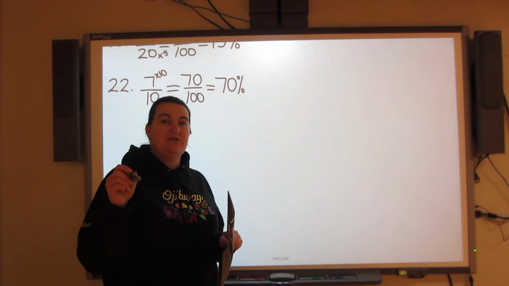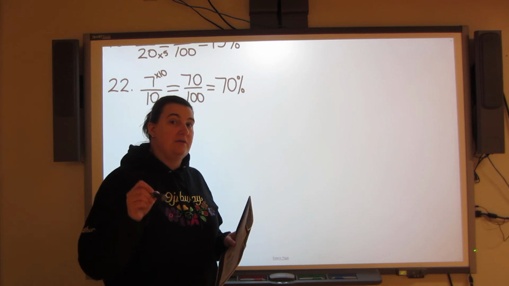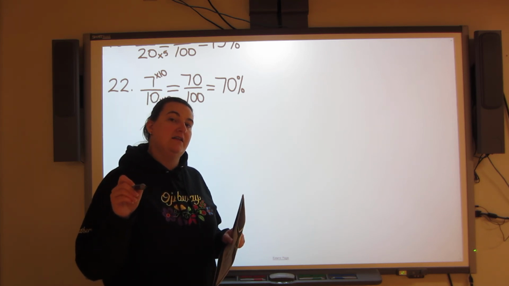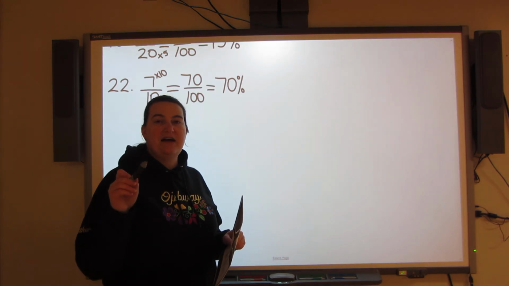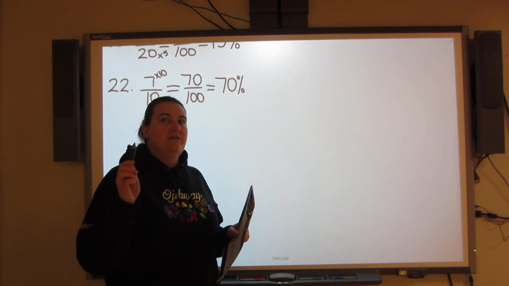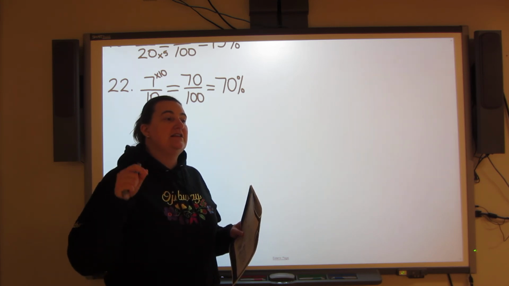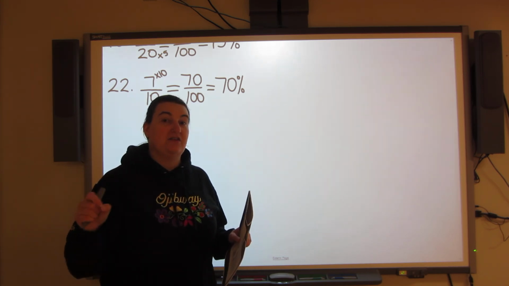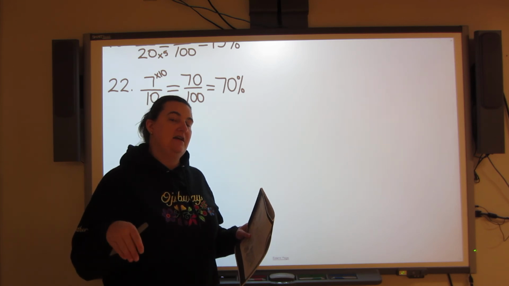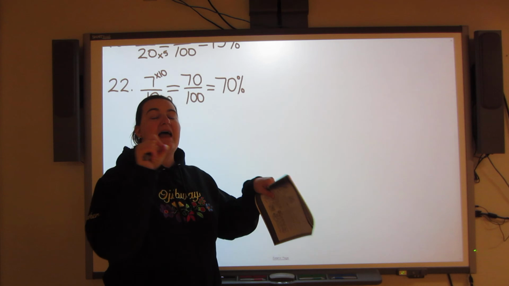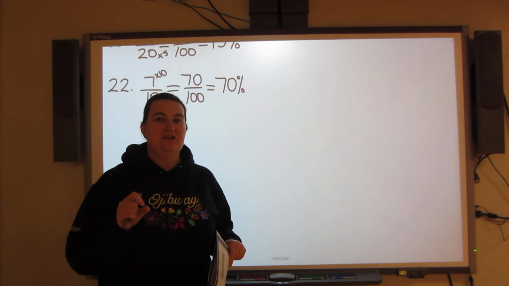So what you have to do before you can find the equivalent fraction with a denominator of 100, you have to find lowest terms first. And that's of course because the fractions that they're going to give you aren't easily changed into 100. They're not part of our 100 math facts. So you're going to have to change them to lowest terms first, and then you can find your math facts.